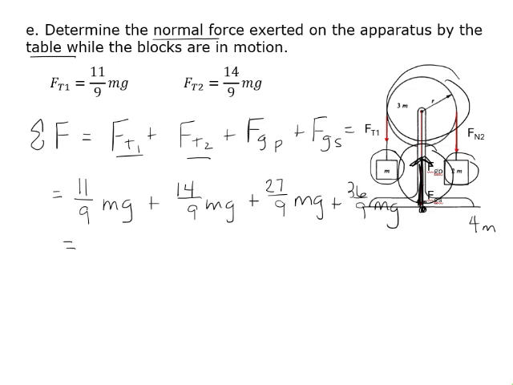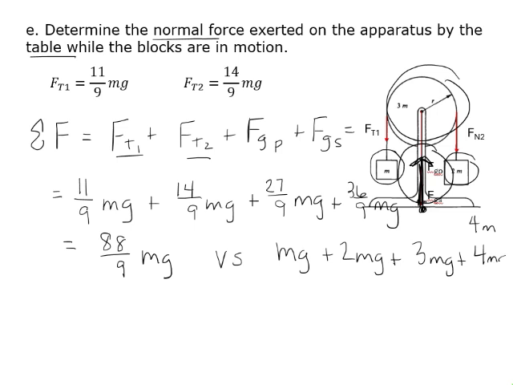When I add all of those together, I end up with 88/9 mg. If we compared that to the object at rest, we would have mass times gravity plus 2 mass times gravity plus 3 mass times gravity from the pulley, and then 4 mass times gravity from the stand, which would give us 90/9 mg, or 10 mg.